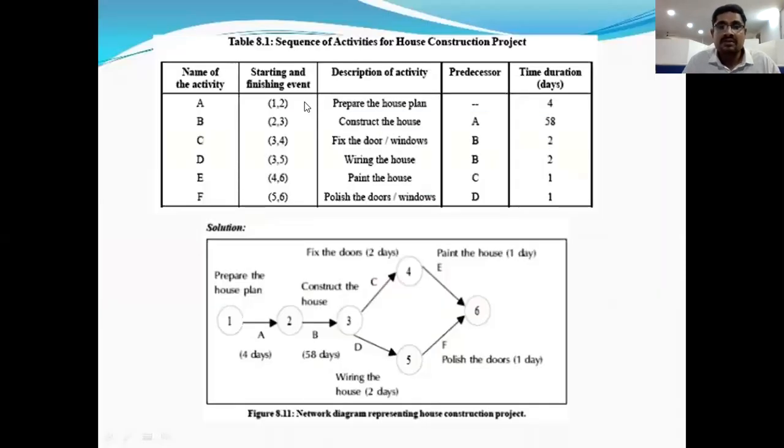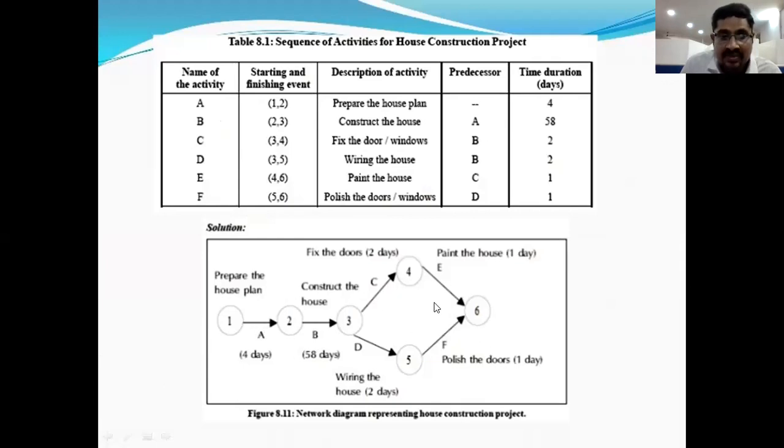So now coming to another problem, a simple example. Suppose take this example of a project or a contract for a house construction project, right? Based upon this problem, we need to create this type of network diagram. These are the nodes and these are the activities, right?